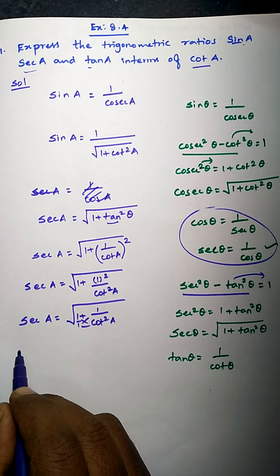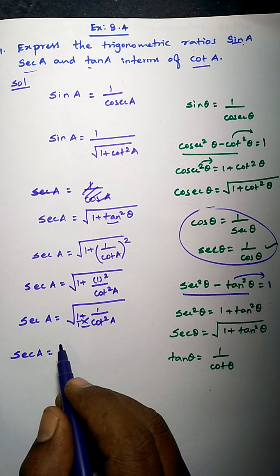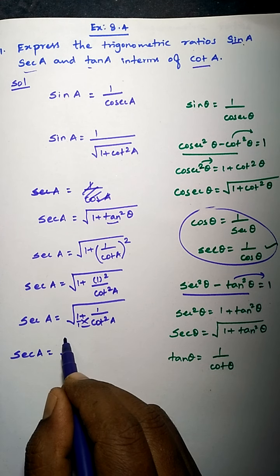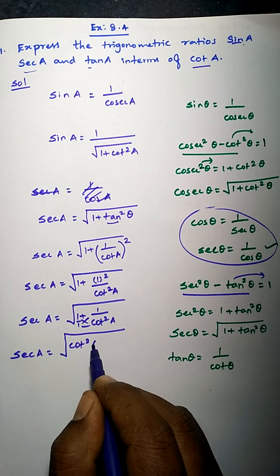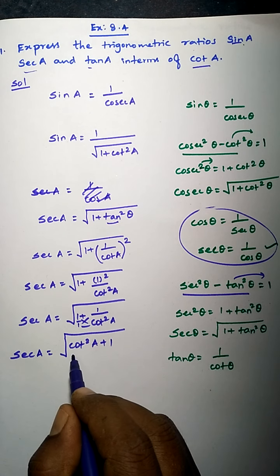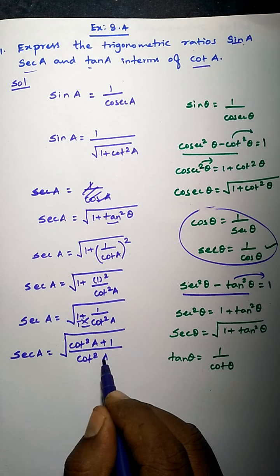Then secant A is equal to the root of cot square A plus 1 over cot square A.